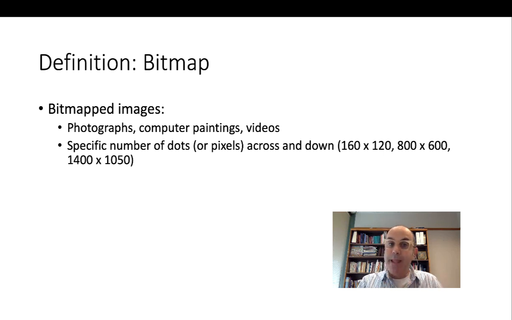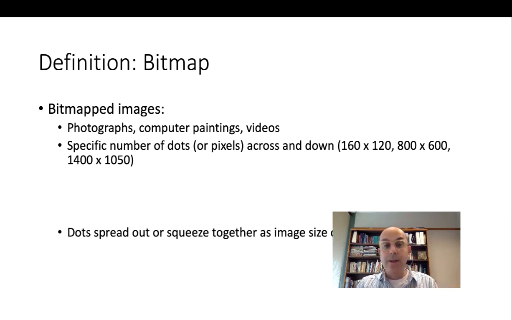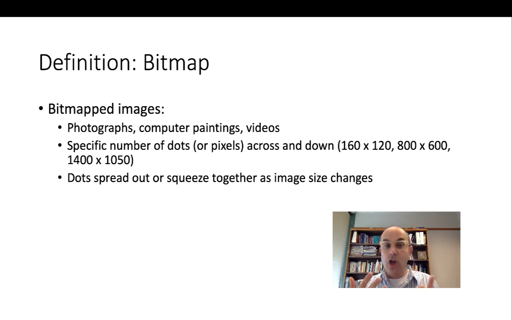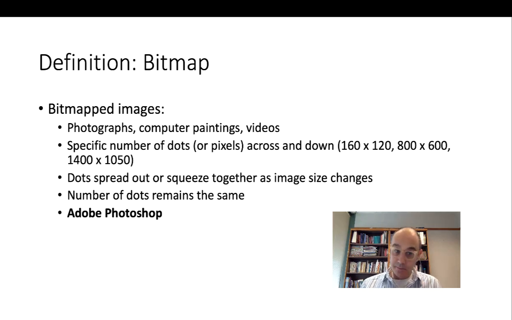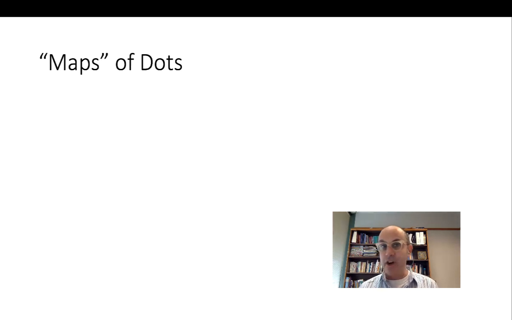This is the bitmap quality and what it brings. Dots spread out in sequence together as the image size changes. So the number of dots remains the same, and the best application or image editor for the bitmap is Photoshop. And I'll talk about Photoshop very shortly.